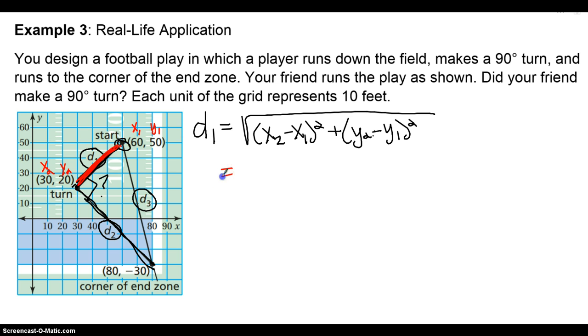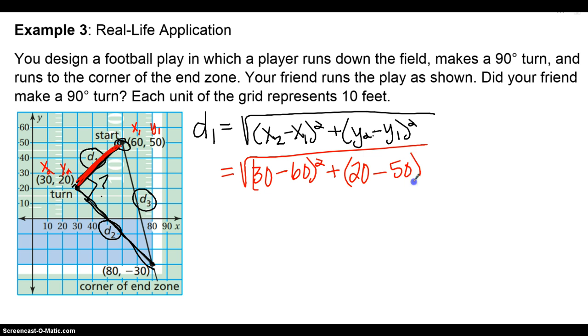So x2 is 30 minus x1 is 60 squared, plus y2 is 20 minus 50 squared, which gives me 30 minus 60 is negative 30 squared, plus 20 minus 50 is negative 30 squared.